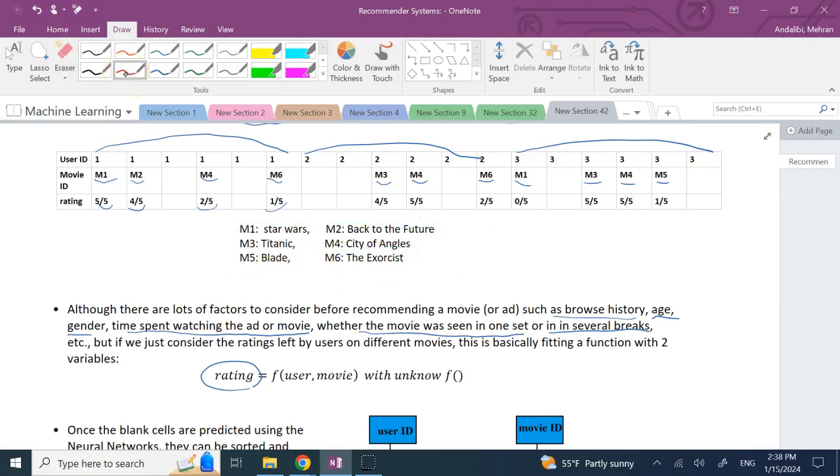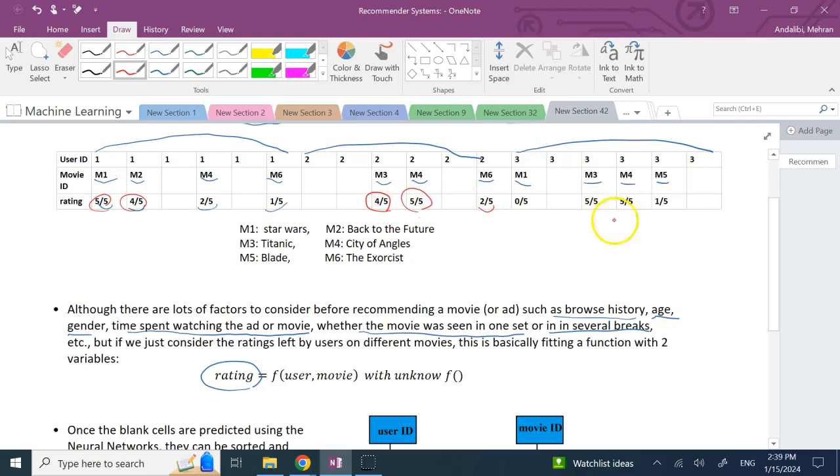And now when they look, they say, oh, look, person 1 watched 2 sci-fi movies and gave good ratings to that, but low ratings on romance and horror movies. Person 2, she loved the romance movies more but not a ton on horror movies.